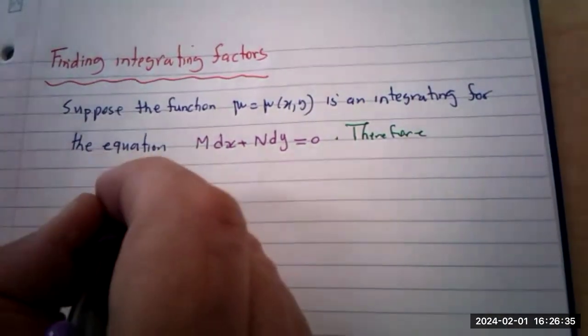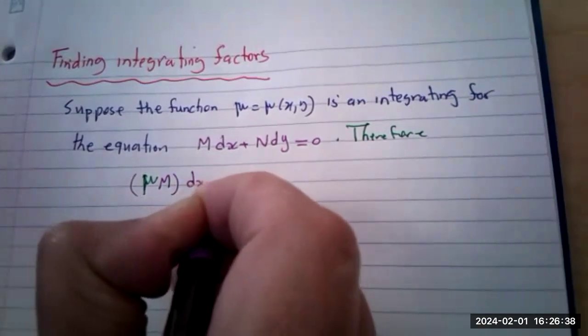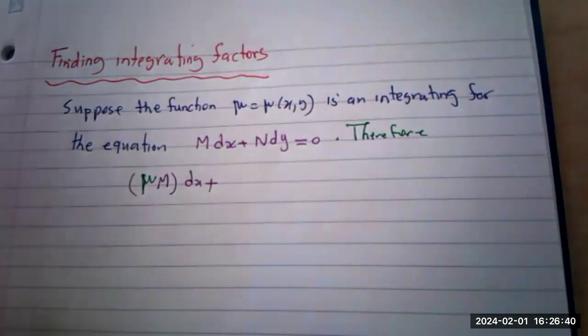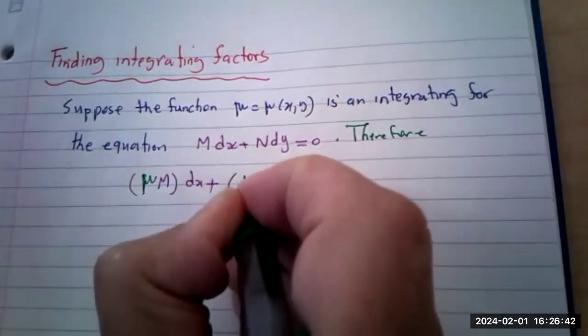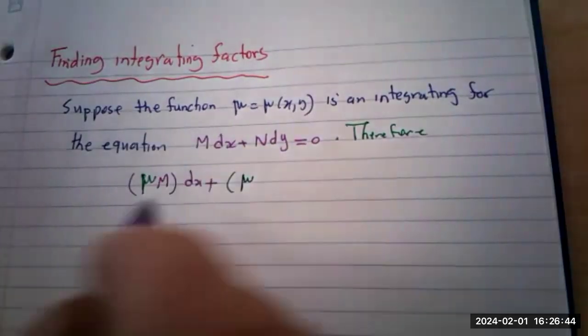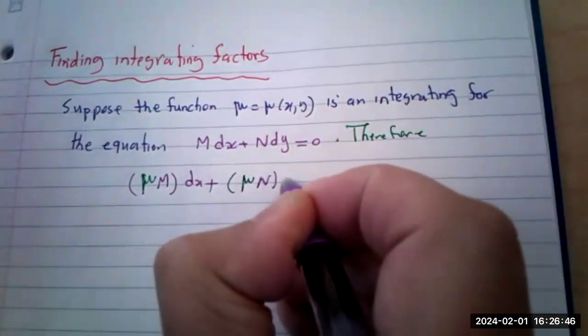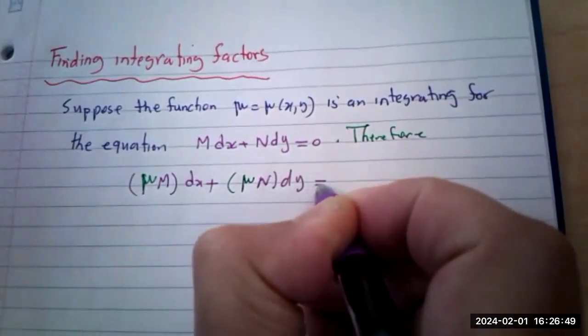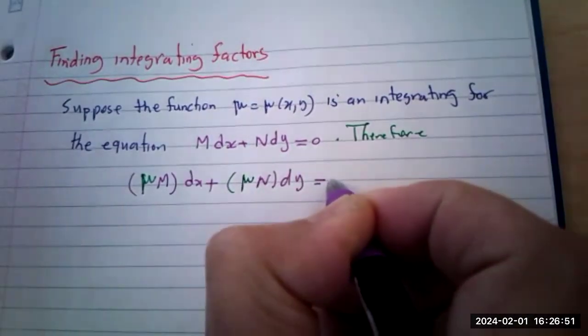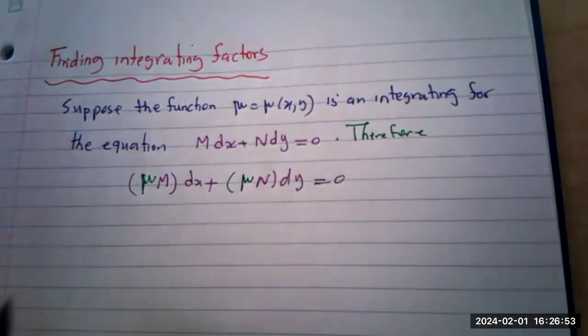This is going to be mu m dx, plus, multiply this one by mu, and that's going to be mu n dy equal to 0, and it is exact.